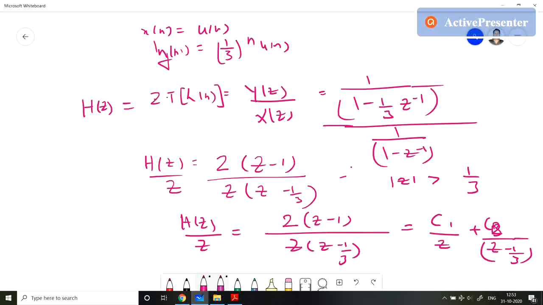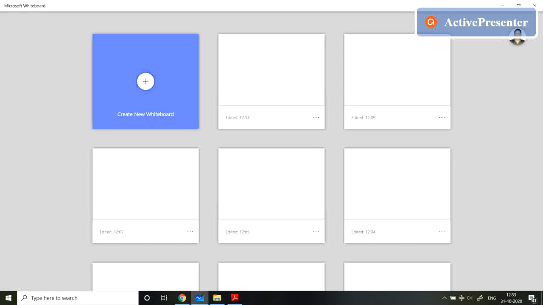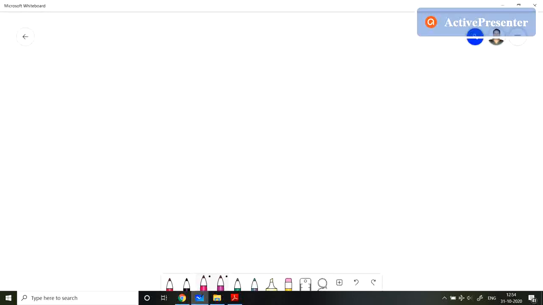So H(z) is (2z minus 1) divided by (z minus 1 by 3). After that we find H(z) by z, which is only division by z on both sides. So this is c1 divided by z plus c2 divided by z minus 1 by 3.